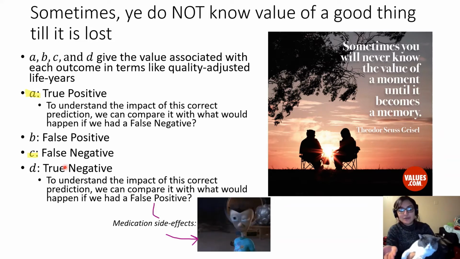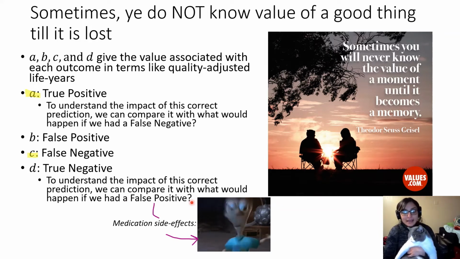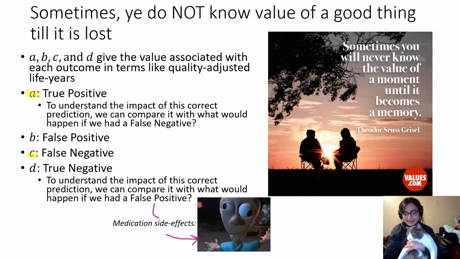If we had to have a moment of appreciation, we would say, okay, I'm thankful that it correctly predicted I did not have the disease when I'm healthy. Because what would have happened if, instead, a false positive incorrectly predicted me as being positive when I actually don't have the disease and I went through unnecessary treatment? What would have been that impact? That's what we have to consider when we're looking at a true negative.